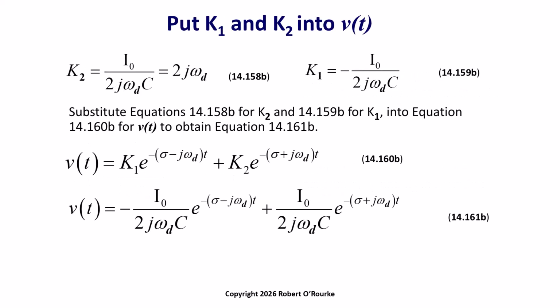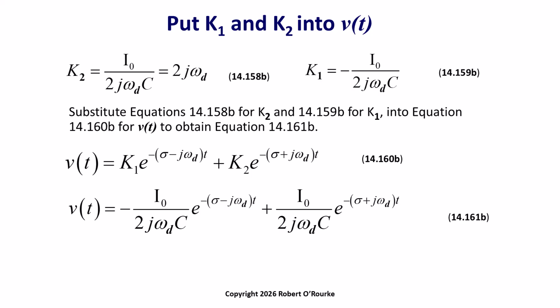Now that we have expressions for K1 and K2, we substitute them into equation 14.160b, the voltage solution equation for the parallel RLC circuit. The result is equation 14.161b.